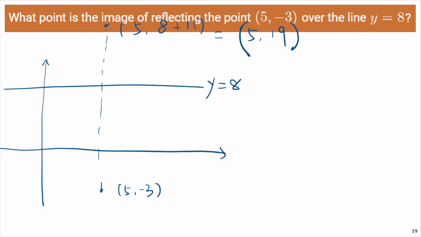Also, we can quickly check this by noting the graph of y equals 8 is a perpendicular bisector of the segment with endpoints (5, 19) and (5, -3). This tells us that (5, 19) is the image of (5, -3) upon reflection over the graph of y equals 8.